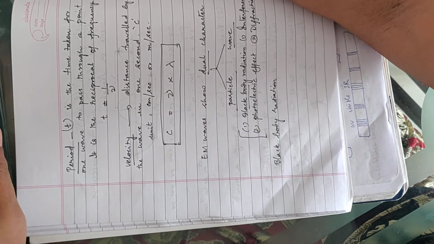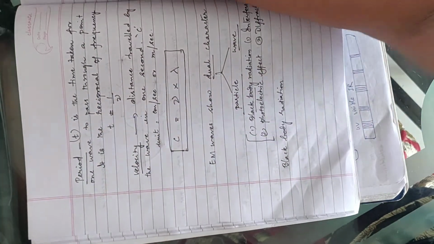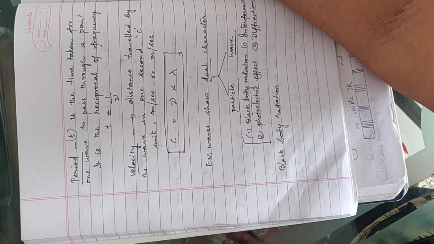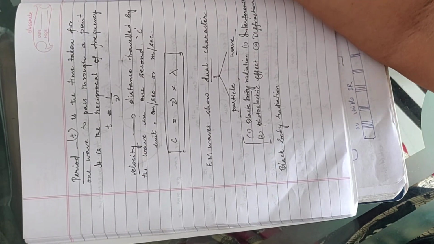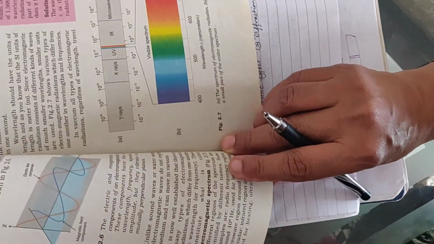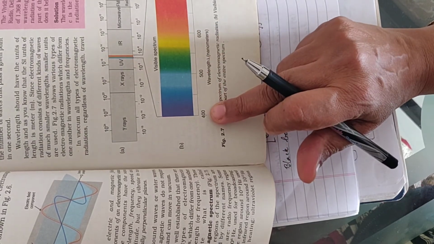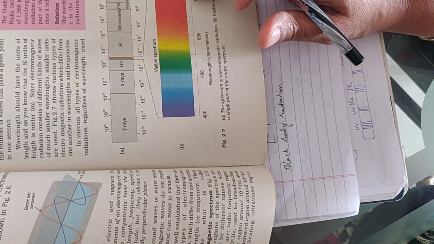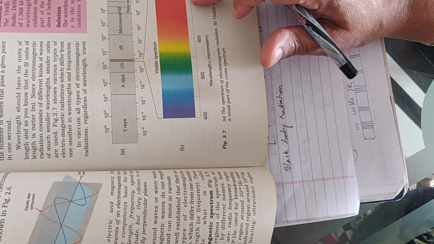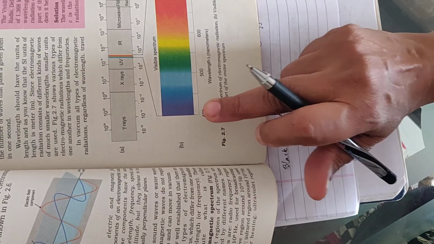Now if you consider it in terms of frequency, what we saw in the electromagnetic spectrum shows decreasing order of frequency and increasing order of wavelength. And where do you see the blue color in the electromagnetic spectrum? The blue color is having lower wavelength and red is having higher wavelength. If the wavelength is higher, then the frequency is lower, and if the wavelength is lower, then the frequency is higher.